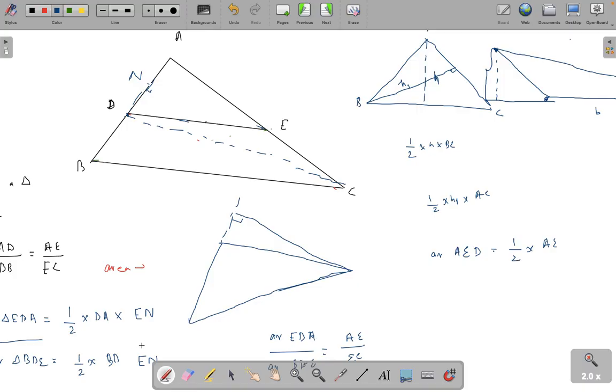DM. You have to draw that height first. So when AE is the base, the height will go like this, right? Any question, Puneet?